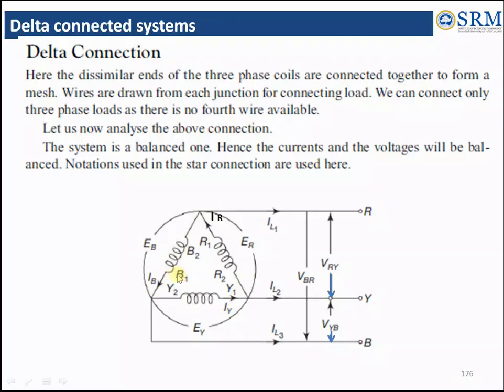Across this B1, B2 we are marking, and here it is IY, Y1, Y2, and here it is IR. And the line currents are IL1, IL2, IL3, and the line voltages are VBR, VRY, VYB.